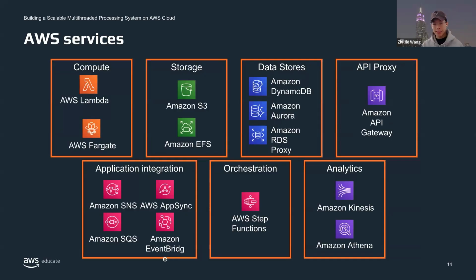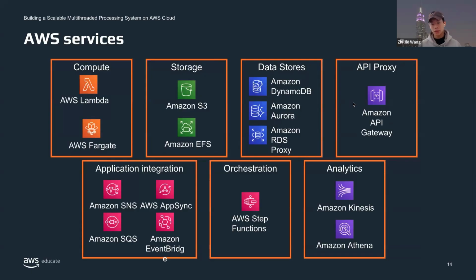And we can have our application integration, for queuing services, such as Amazon SNS, AppSync, SQS, and even EventBridge. These are very useful tools and services to host our data and our software.